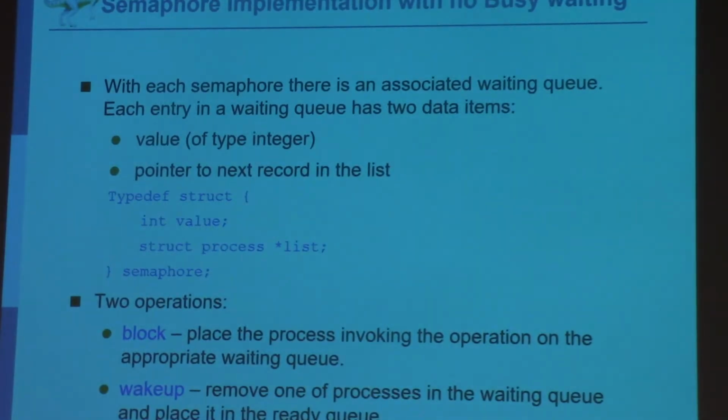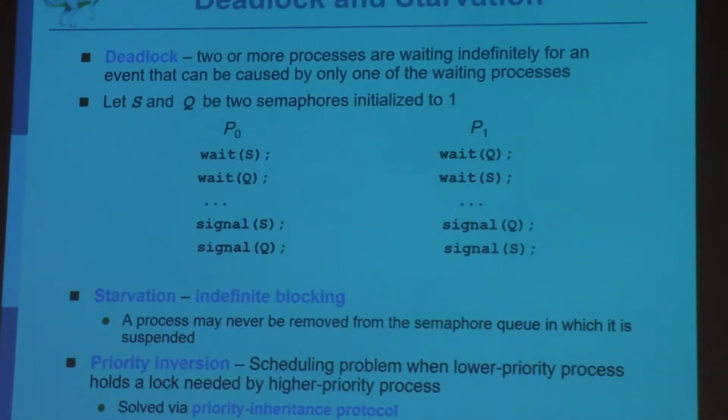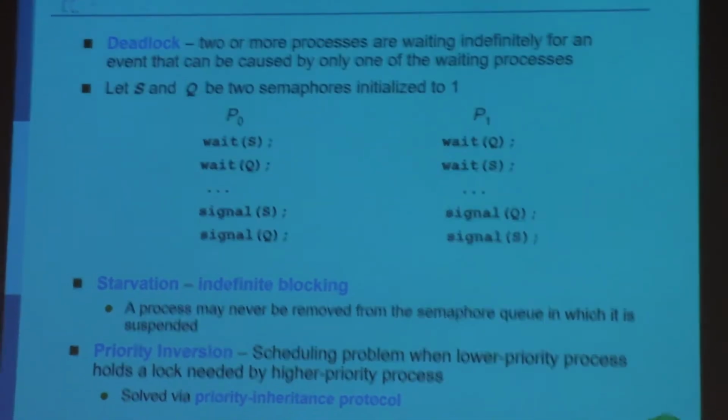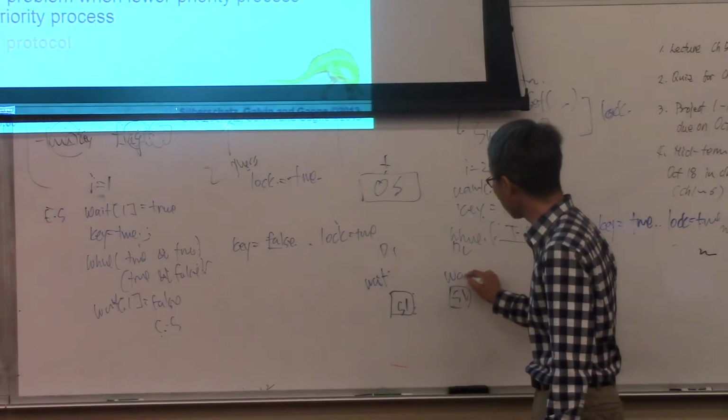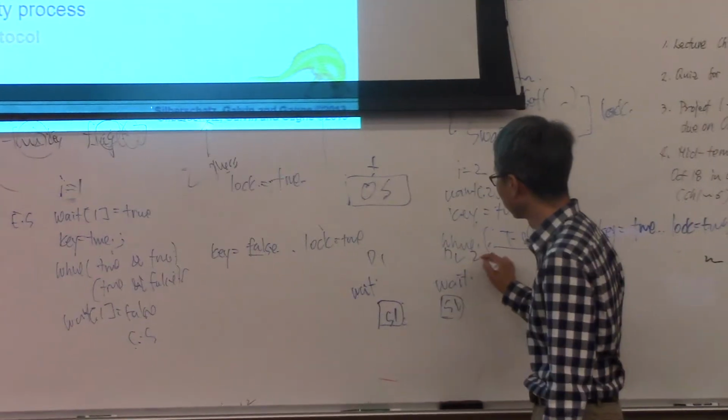Also another issue is deadlock. There are two shared data variables, and they don't have to be next to each other: shared data 1, shared data 2. One is waited on by process 1, and the other is waited on by process 2.